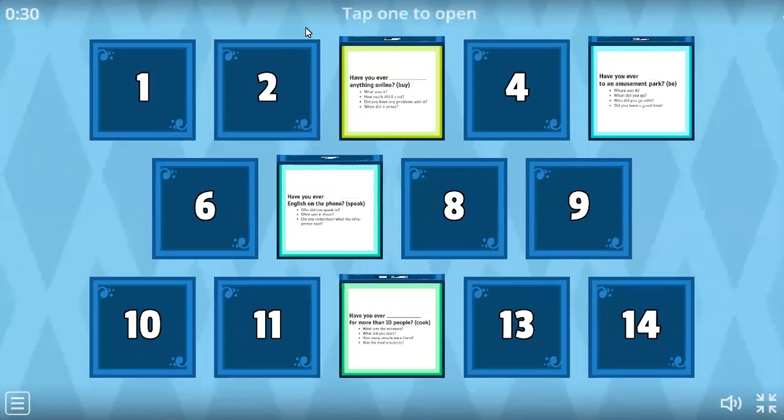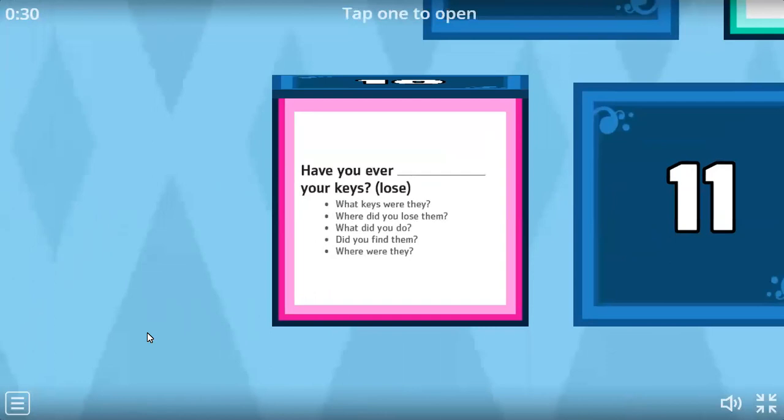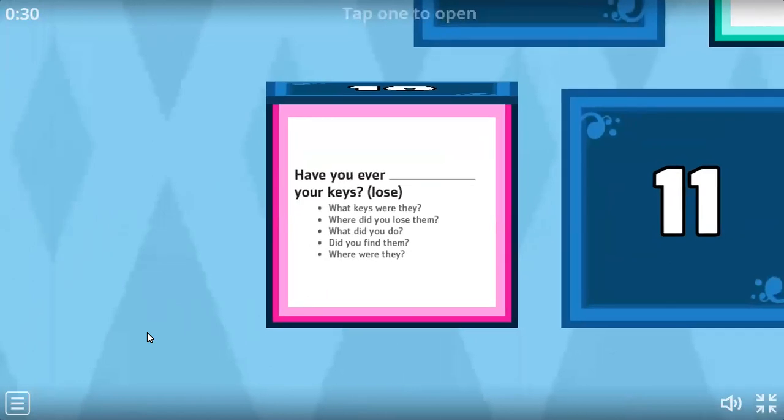Nancy, pick a number. Number 10. Have you ever lost your keys? Yes, I have lost my keys. What keys were they? The car keys, I think. Where did you lose them? I lost them inside of the car. It's really sad. What did you do? I called a, I don't know what you say, cerrajero.